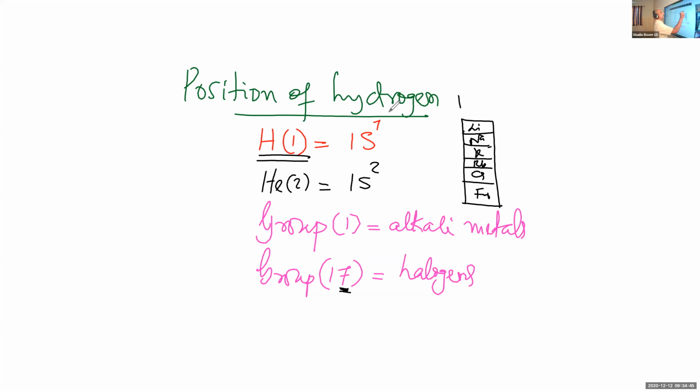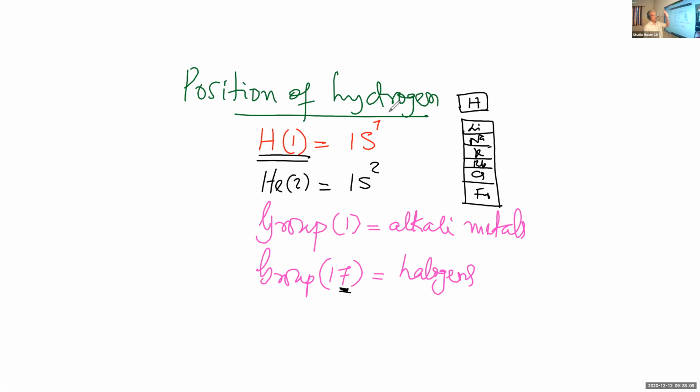Above this, in a separate box, hydrogen is kept because it is not added to the alkali metals, but being the first member with atomic number 1 and the lightest element, it is kept in the first place itself.